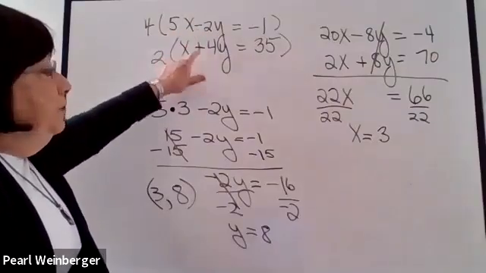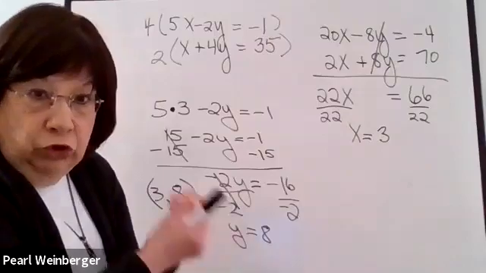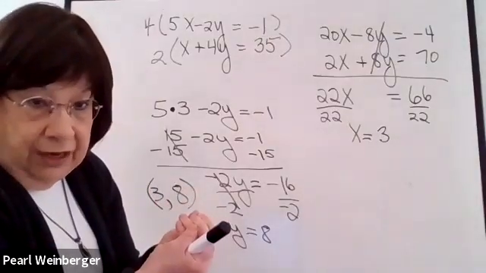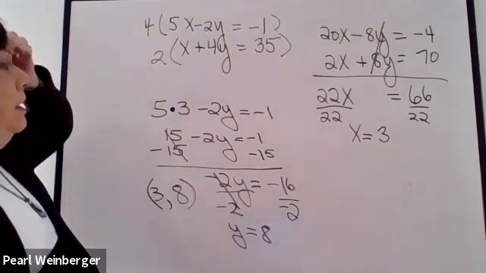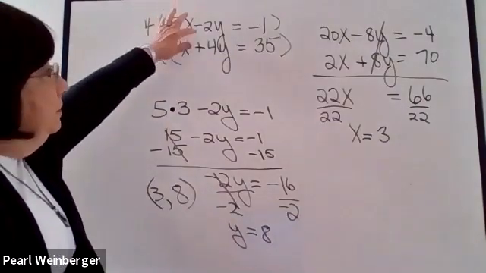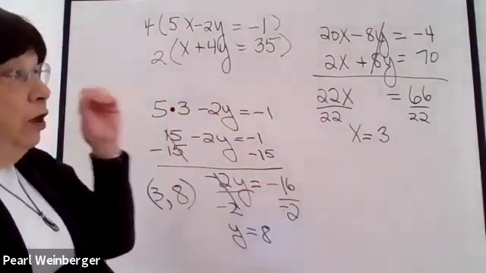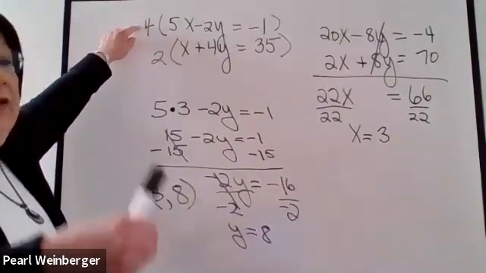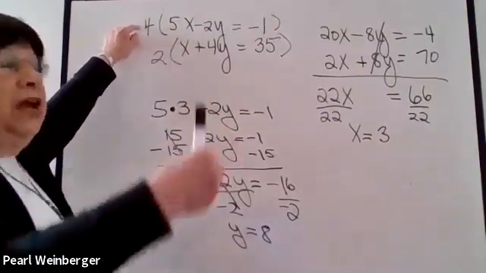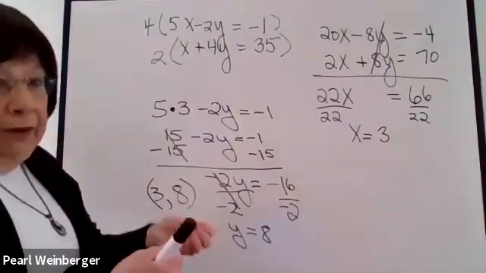When the two coefficients are opposite signs, that's what you're trying to accomplish. You want them to be opposite signs, so then you just use the positive numbers. But if both of them have the same sign, they're either both positive or both negative, you're going to have to use one of these numbers to be negative so that you'll change the sign of one of them so that one will be positive and one will be negative.